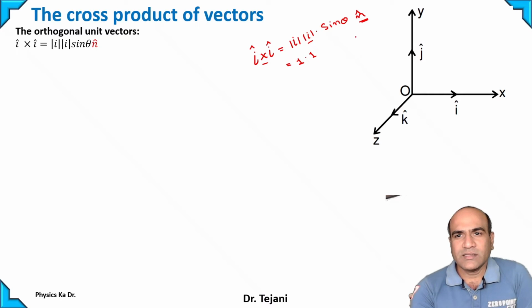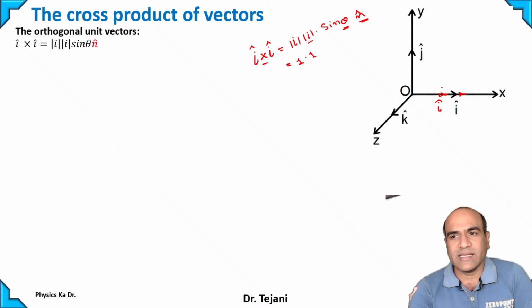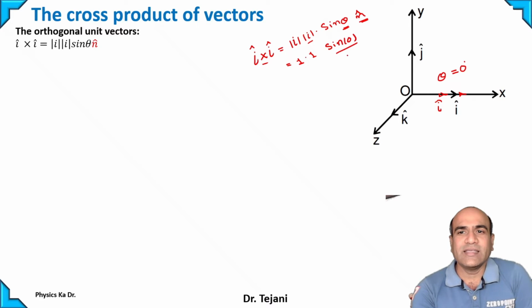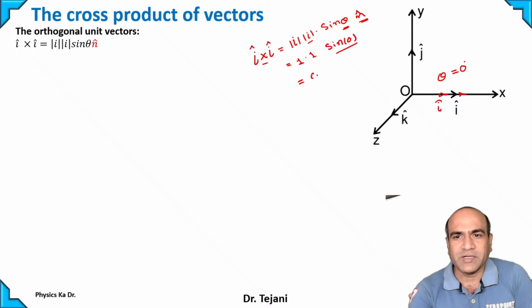Now theta is the angle between i and i, both are at the same angle, therefore theta is equal to 0 degrees, and sine 0 is 0. Therefore the entire equation becomes 0.